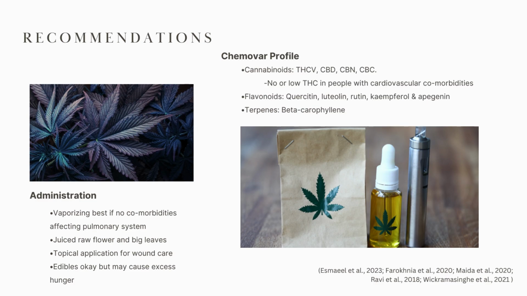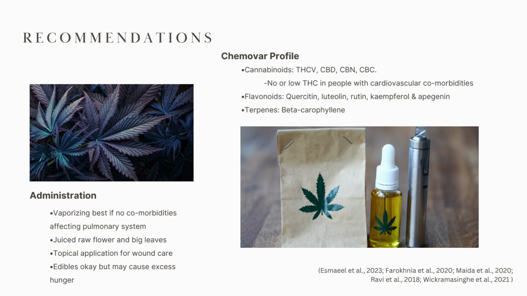So based on the evidence, I recommend products rich in THCV, CBD, and also CBN or CBC, which I forgot to mention also inhibit beta cell loss. THC can be used in small amounts, since it does blunt the insulin spikes.